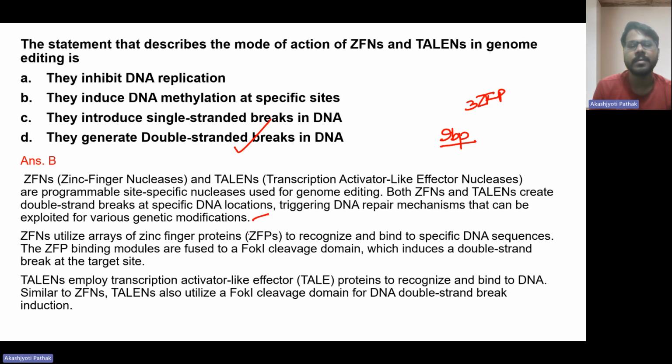The zinc finger binding modules are fused to FokI cleavage domains, which induce a double-stranded break at the target site. This FokI dimer is required, so two molecules of the zinc finger nuclease bind that segment of DNA, and then FokI cleaves that portion of the gene.